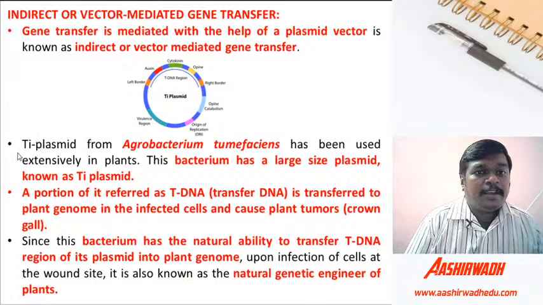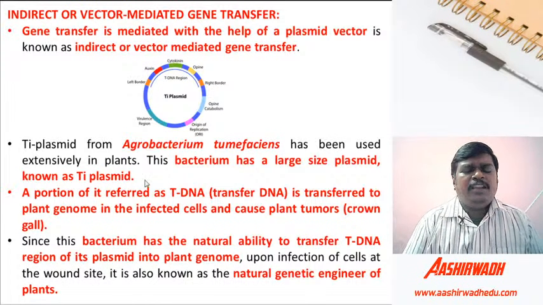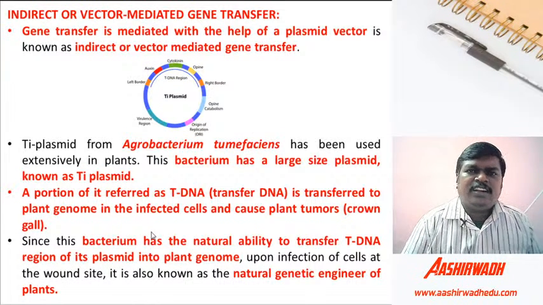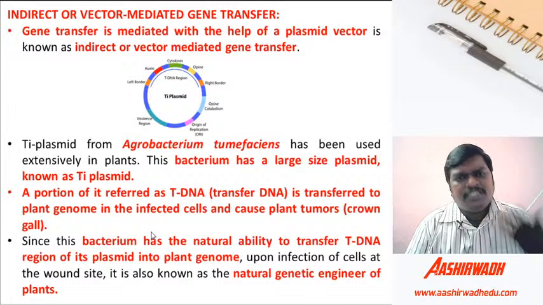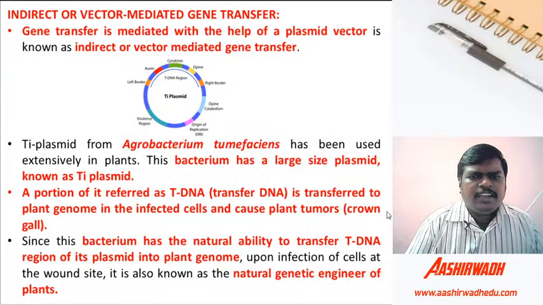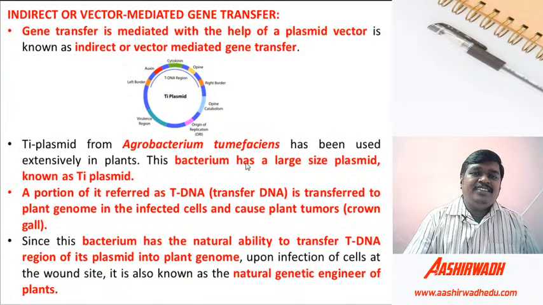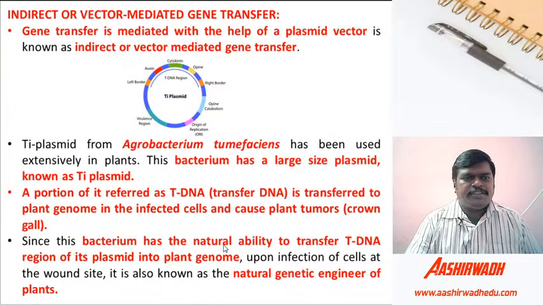That's why it's called Ti plasmid. It causes infection in the plants, thereby causing the crown gall disease, the plant tumors.